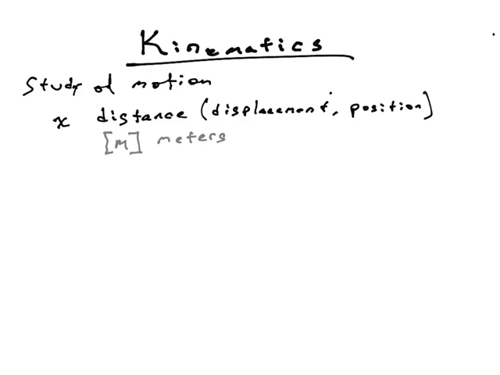Turns out having things in factors of 12 is a lot better than factors of 10 because you can divide into 12 more easily than you can divide into 10. But because human beings were born with 10 fingers and 10 toes, we use a decimal system, which is factors of 10. Anyway, so the first big variable we need to know is x, and that's the distance traveled.